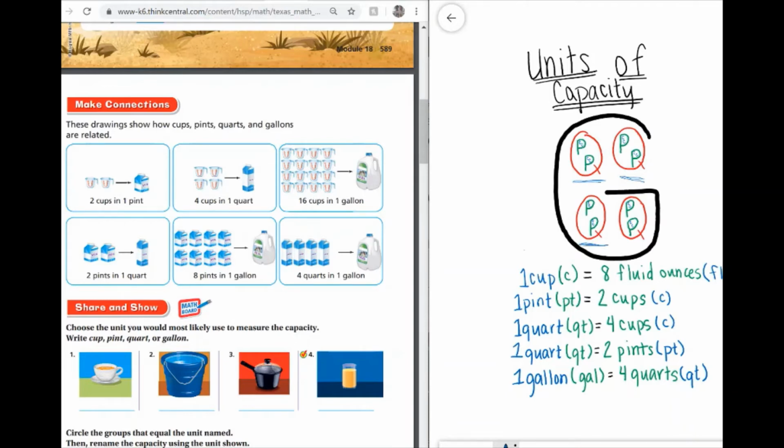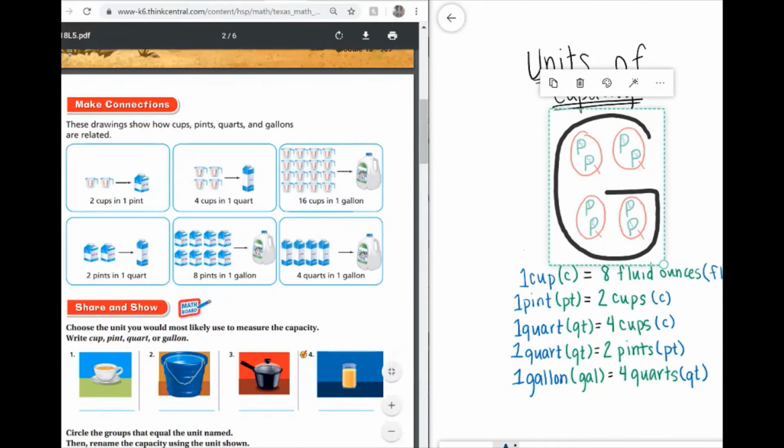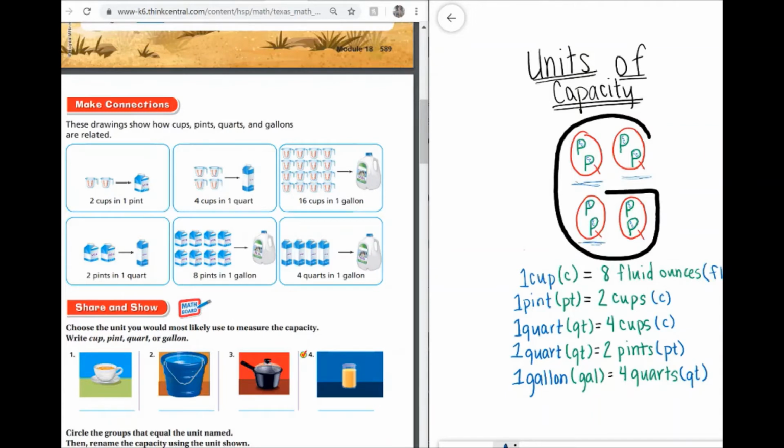Here we have another 2, which equals 6. And here we have another 2, which equals 8. So in total, we have 8 pints in 1 gallon. Now 4 quarts in 1 gallon. We have 1 quart, 2 quarts, 3 quarts, 4 quarts.